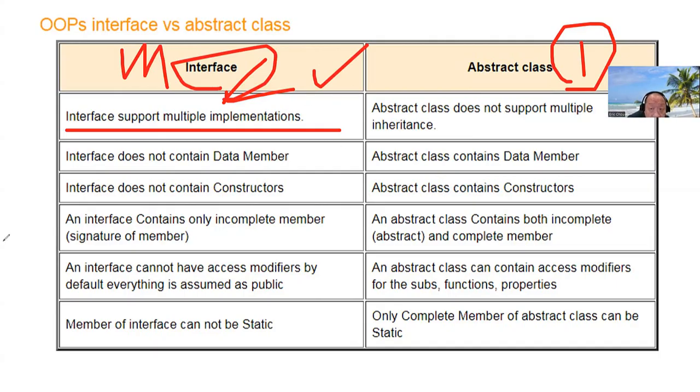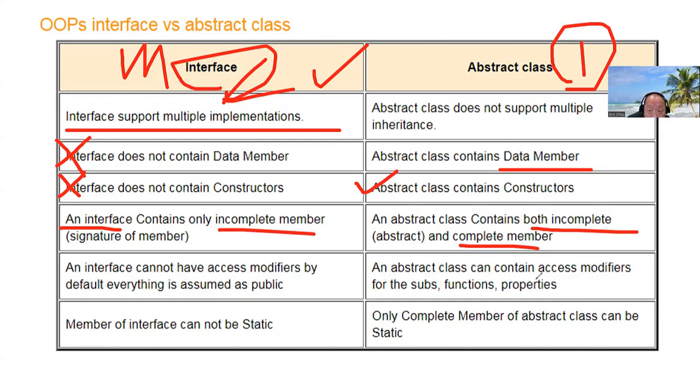Okay, that's number one. Second, object class is just like a normal class. They have data. Here, interface, no data. Only constants, no data. Object class can have a constructor. Interface, no constructor. And object class contains both incomplete and complete members, and interface only incomplete methods.